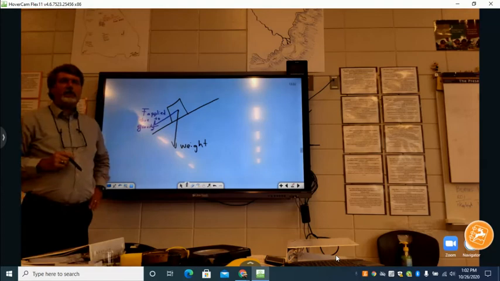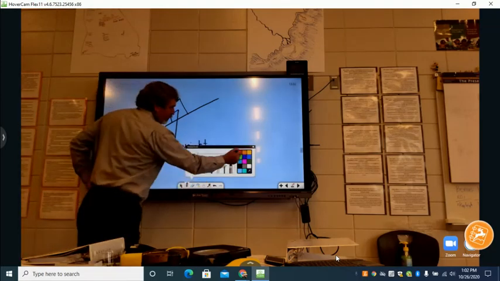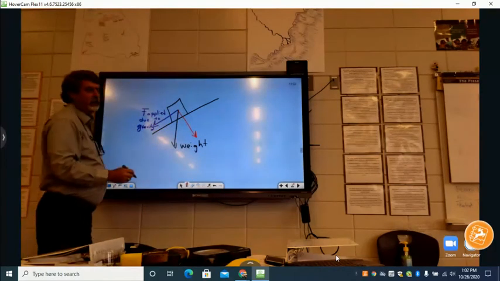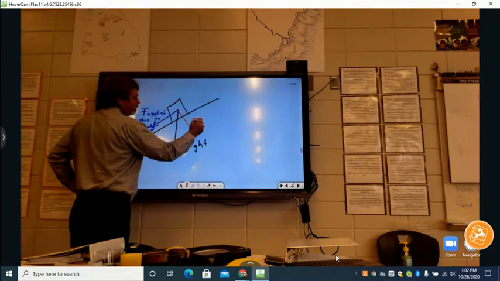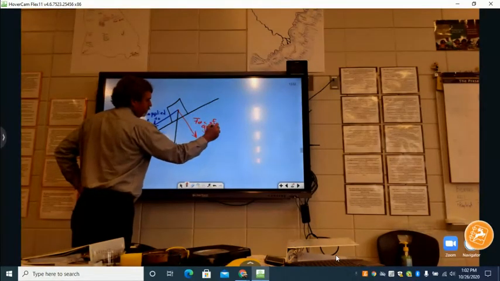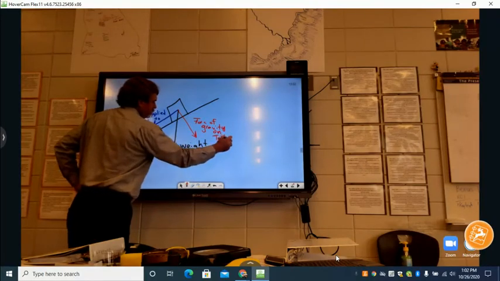What else does gravity do? Some parts of gravity actually push the box in contact with the table. This is force of gravity on the table. Okay?